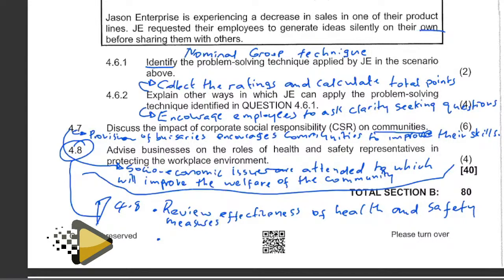And also, we are saying that they should identify potential hazards and measure incidents.